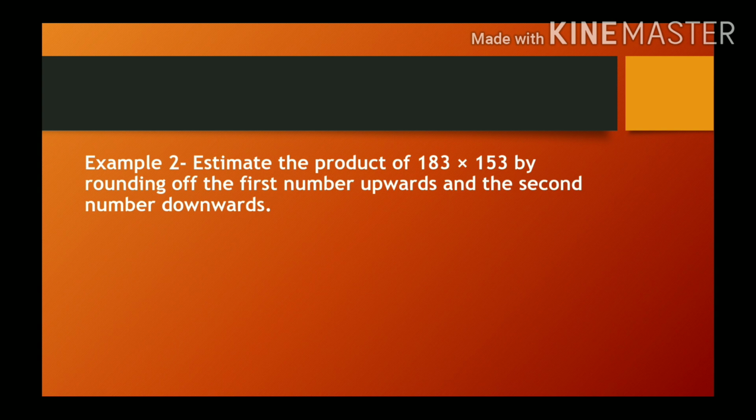Now let's see another example. Example 2. Estimate the product of 183 multiplied by 153 by rounding off the first number upward and the second number downward.